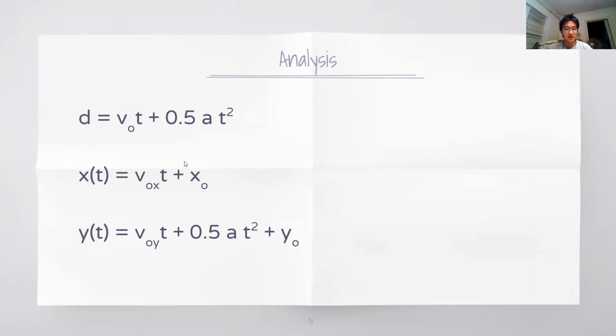And then we also cancel out the acceleration in the X direction, given our assumption that there is no acceleration in the X direction. And then for y of t, we have v naught y times t plus 1/2 a t squared. We do have the acceleration here because we know we have gravity affecting our Y displacement, and then plus any displacement in the Y direction that we might already have.